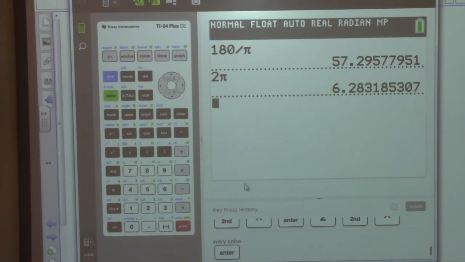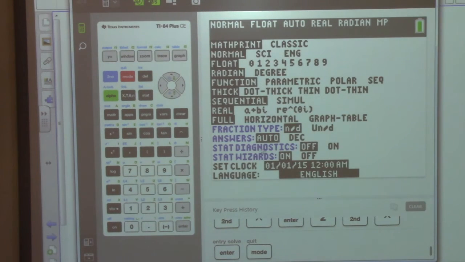Another thing I want you to take a look at is the mode in your calculator. The fourth line down says radian and degrees. Your calculator can switch back and forth between radian and degrees mode, which can be helpful depending on what you're trying to find out.